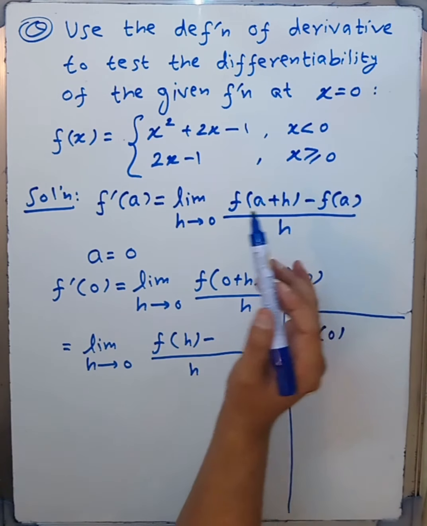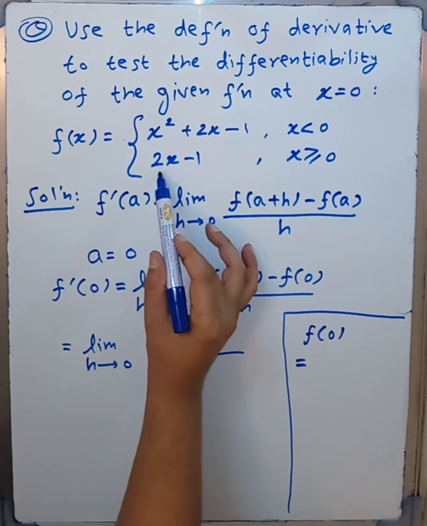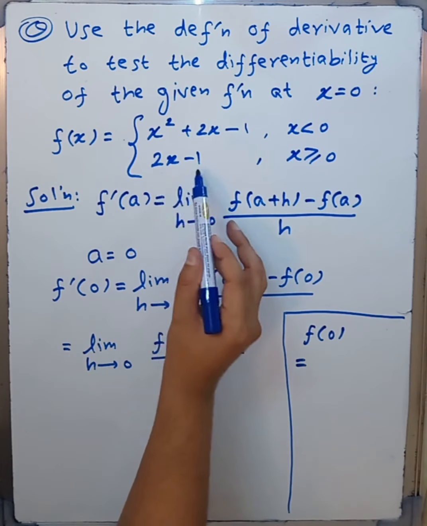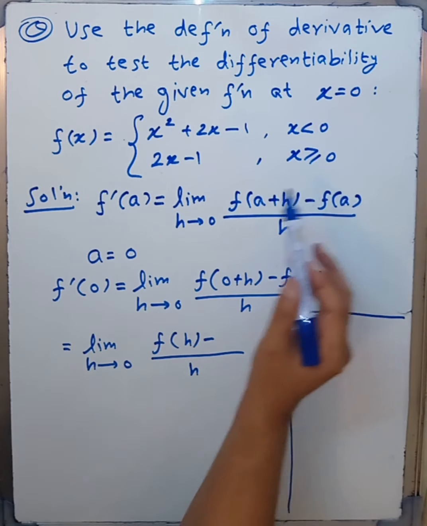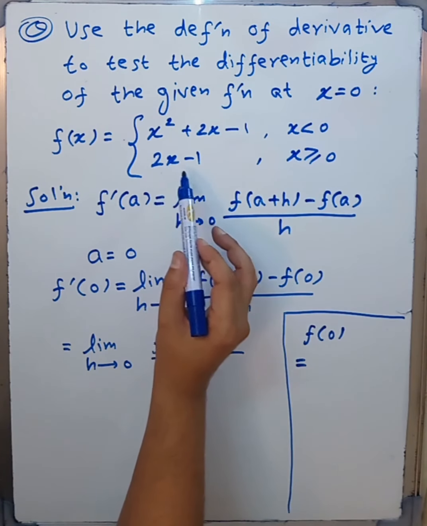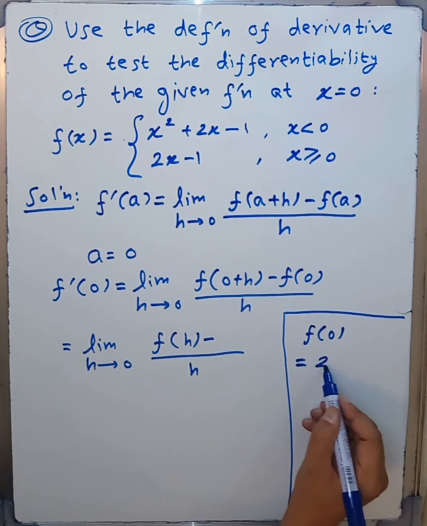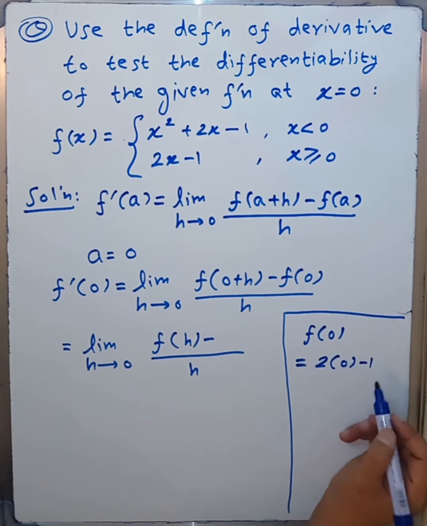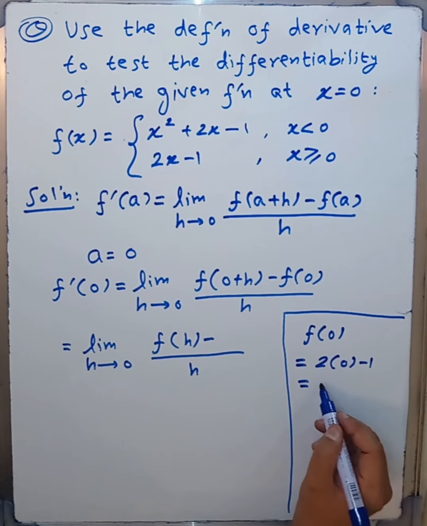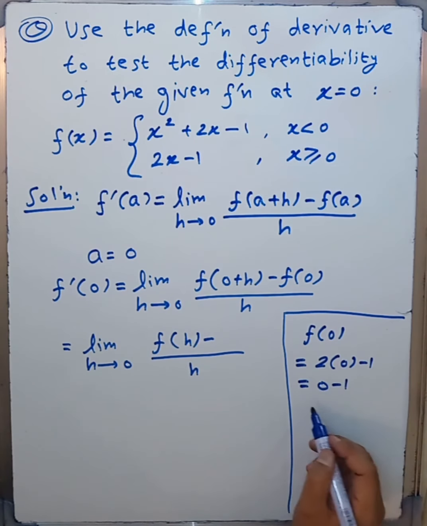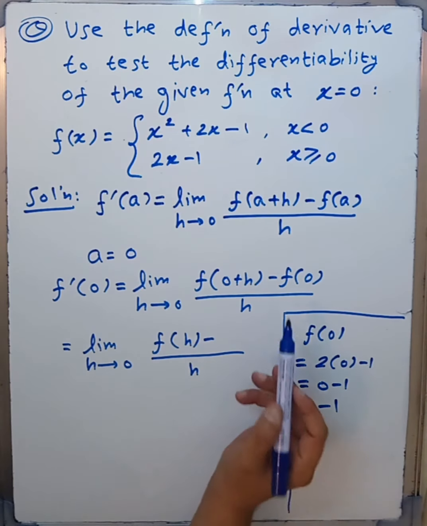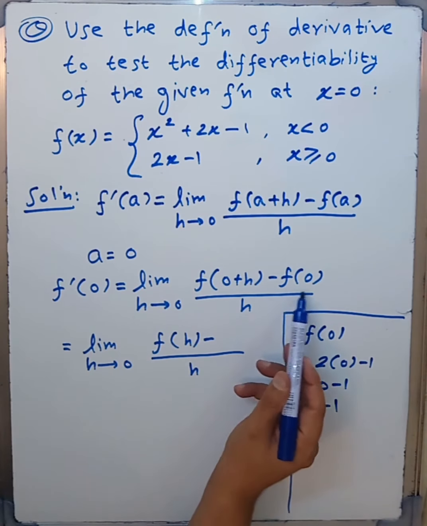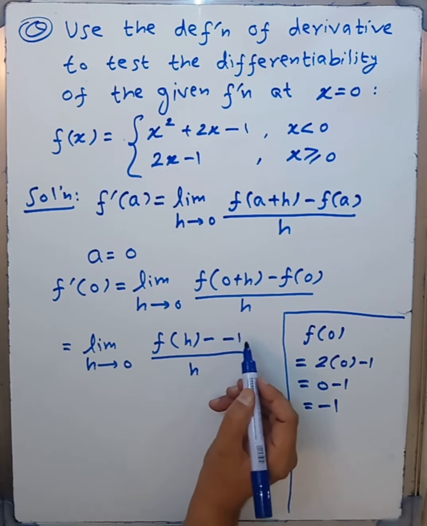In this case, the function is defined as 2x minus 1. So if I put x equal to 0, I will get 2 multiplied by 0 minus 1. Therefore, f(0) will be equal to 0 minus 1, that will be minus 1.